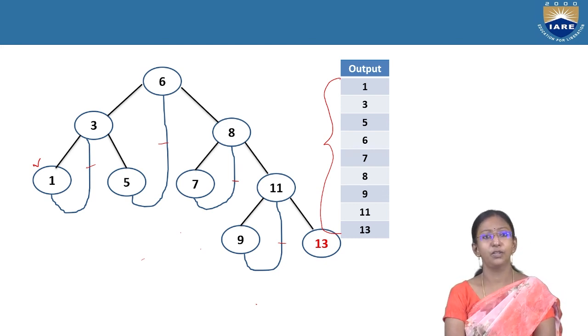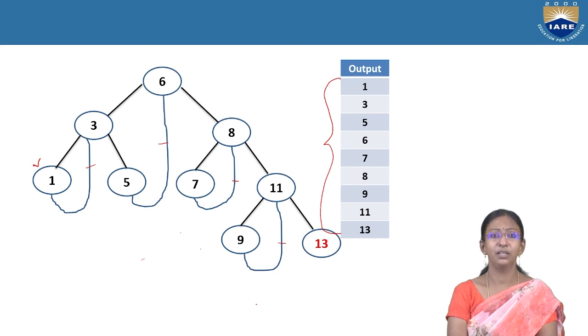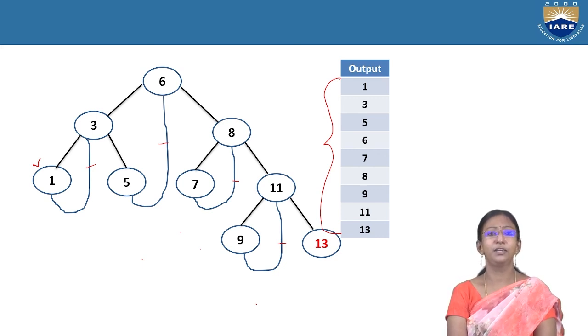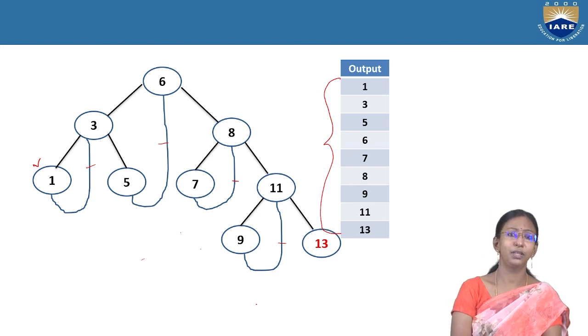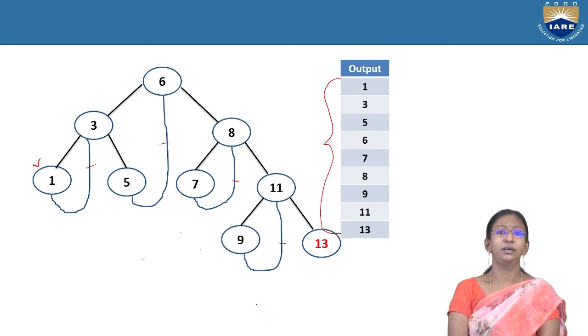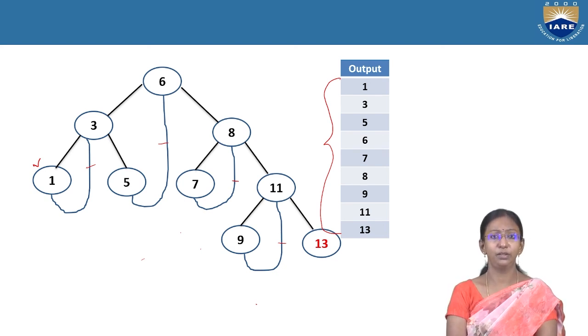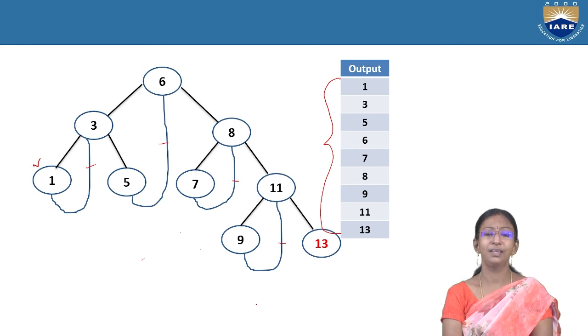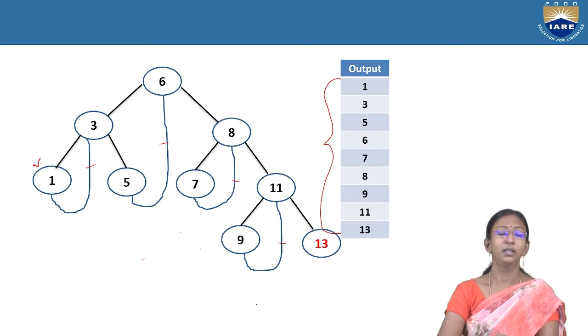Two kinds of threads we have seen: single thread and double thread. In a single thread, there is a relation between the left child and the parent, or the right child and the parent. In double threaded binary trees, the parent will be threaded to the left as well as the right child. Right? This was the gist of the things that we have covered in this session.